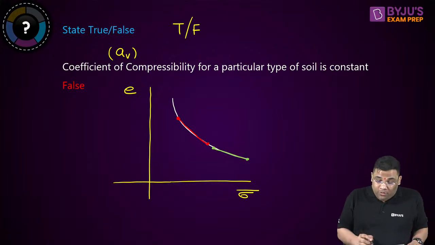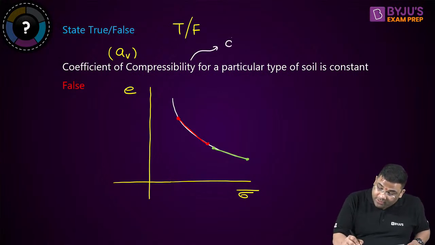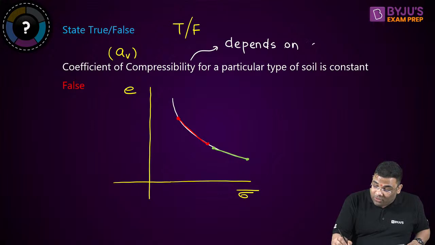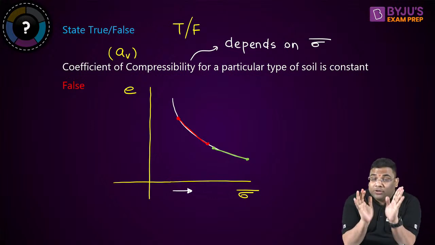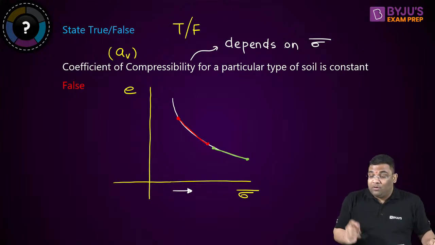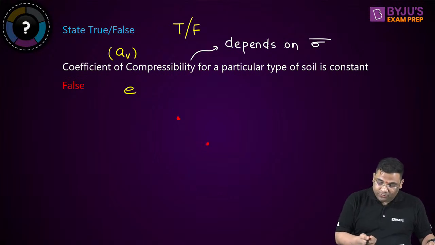No. So this coefficient of compressibility depends on effective stress, right? As the effective stress is changing, the slope is also changing, so I can say it is not constant for a particular type of soil. The statement is that it is constant, so that means it's a false statement. Understood, everybody? Yes.